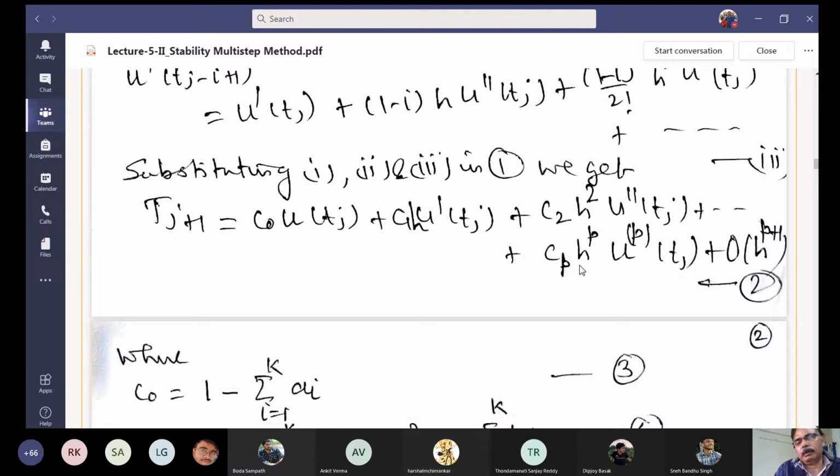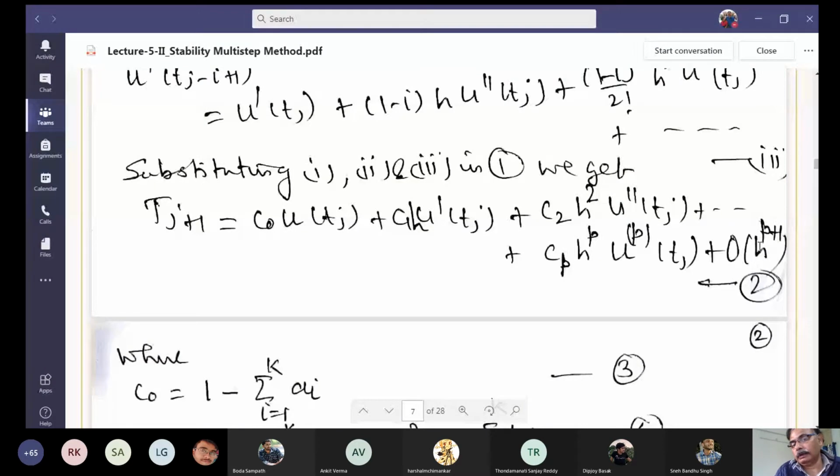Since the method is of order p, it will be Cp h to power p, the pth derivative of u at tj, plus big O of h to power p plus 1. The coefficient here, if we see, will be your Cp plus 1.